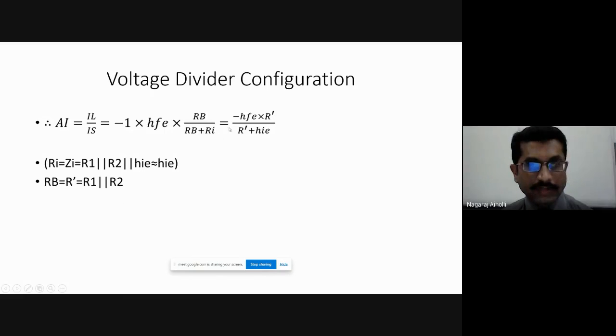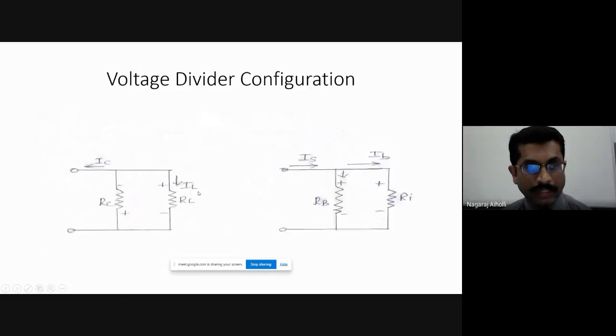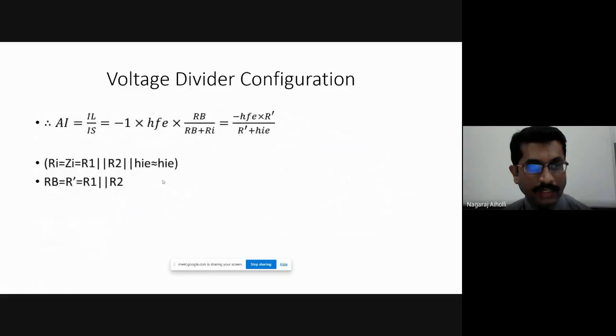Then RI is the input resistance. This RI is R1 parallel R2 parallel HIE, the total input resistance or input impedance. But we know that R1 parallel R2 is very much larger than HIE.